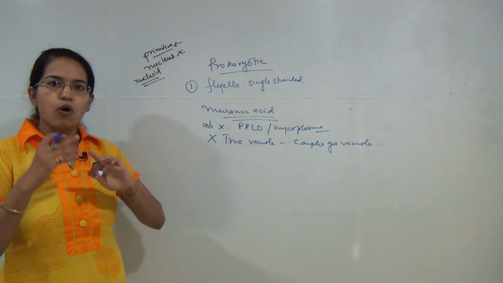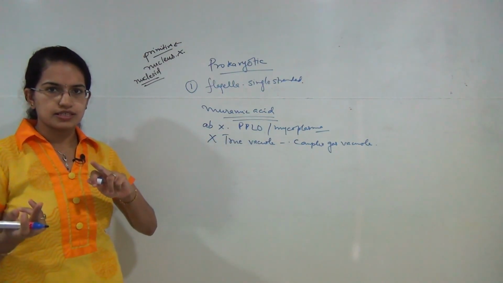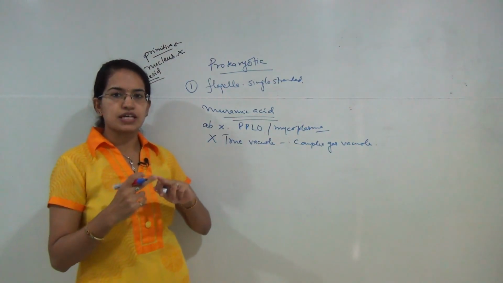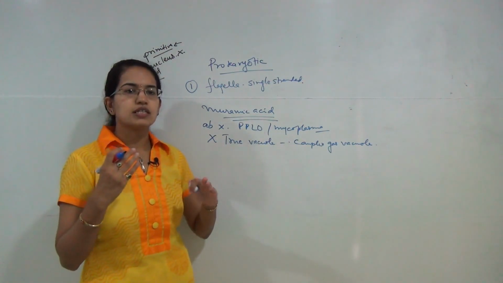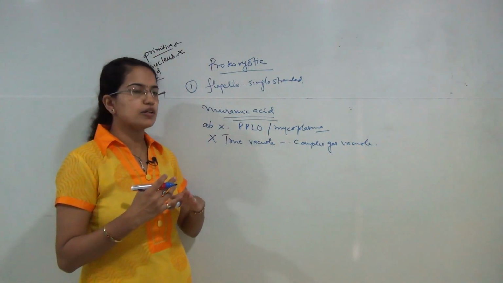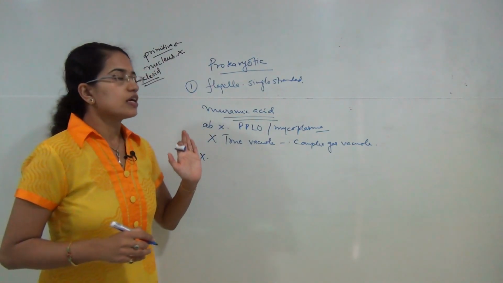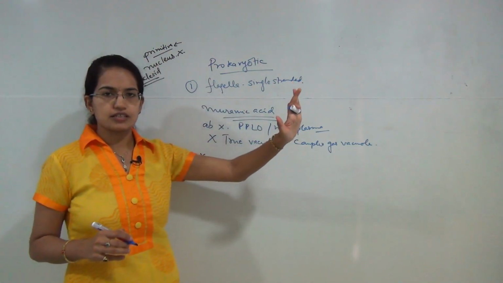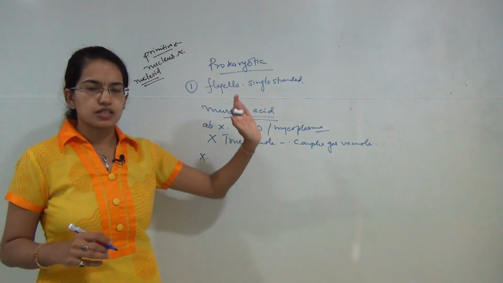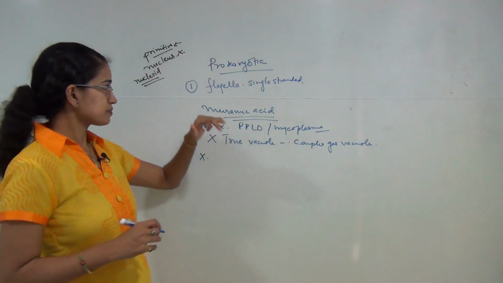Then you have all the double membraned organelles like endoplasmic reticulum, Golgi bodies, then you have mitochondria, centrioles, etc., which are absent in case of prokaryotic cells. However, these would be present in case of eukaryotic, and we will see this further when we talk about the differences.